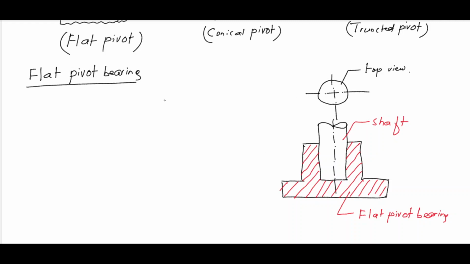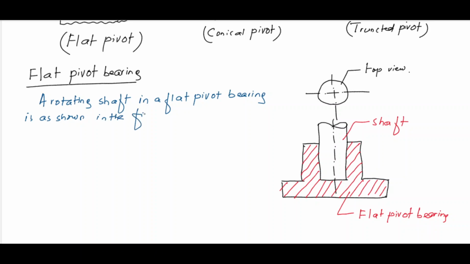Now let's say a rotating shaft in a flat pivot bearing is as shown in the figure.